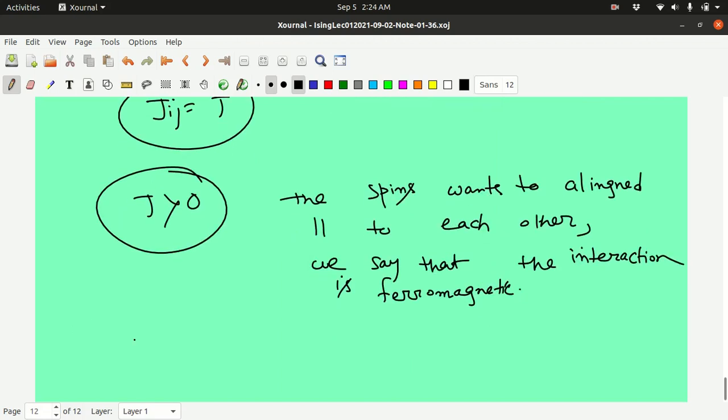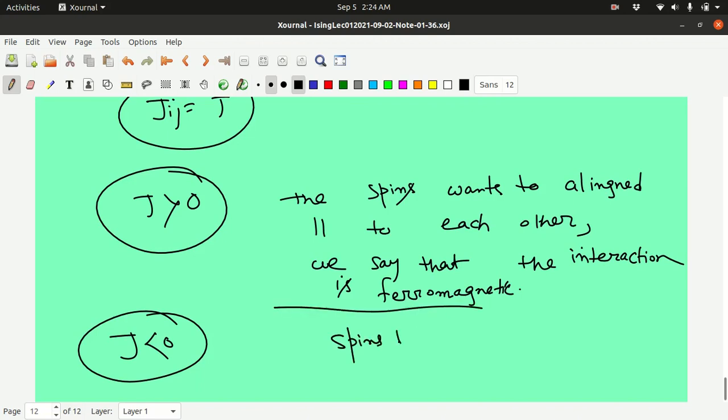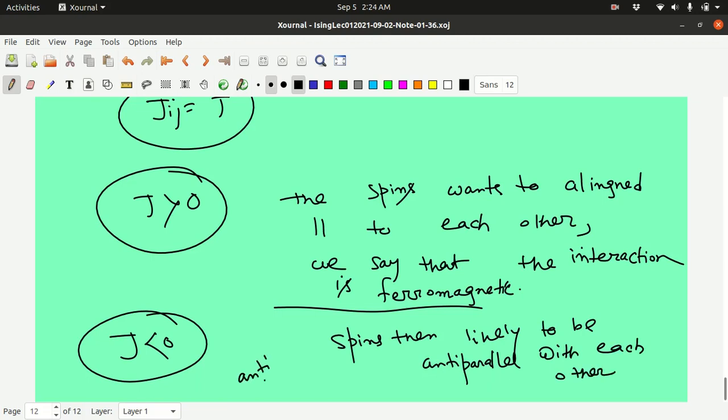Now if J is less than 0, the spins will be anti-aligned with each other. The spins are likely to be anti-parallel with each other, and this interaction is called anti-ferromagnetic.